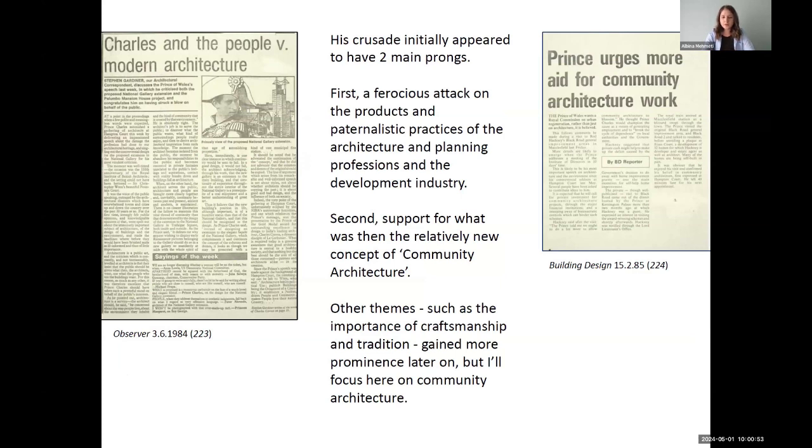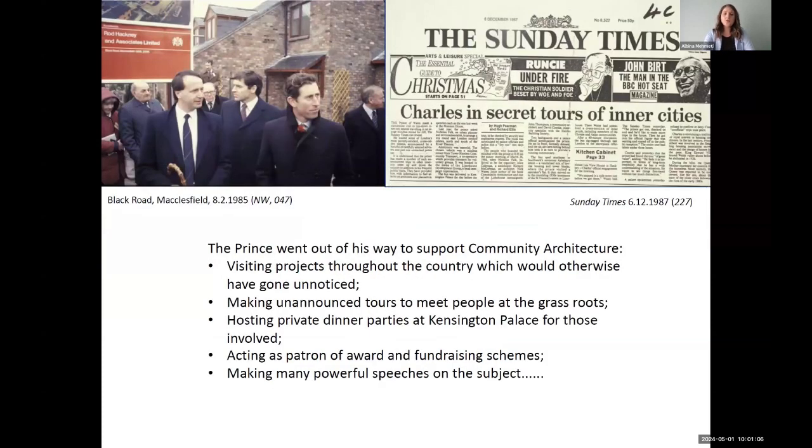So he gained more prominence by recognizing the importance of craftsmanship and tradition, from professionals and other local people. He was mainly focused on visiting projects throughout the country himself, making unannounced tours to meet people, hosting parties, acting as patron of awards or making fundraising schemes, and also making many powerful speeches on the subject.